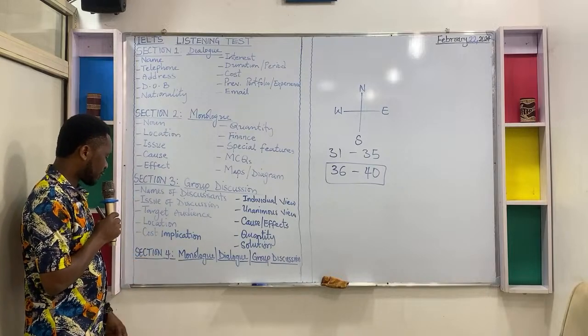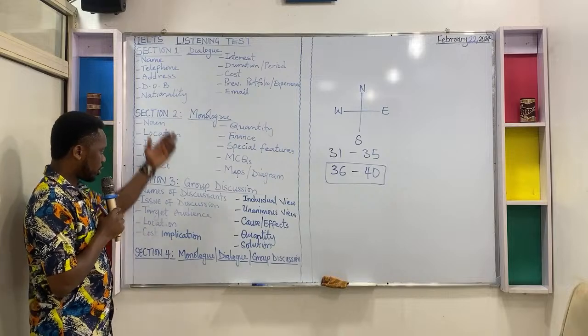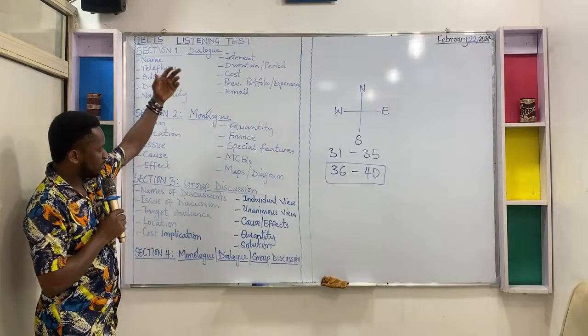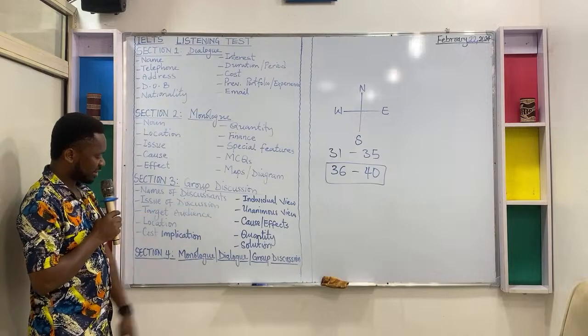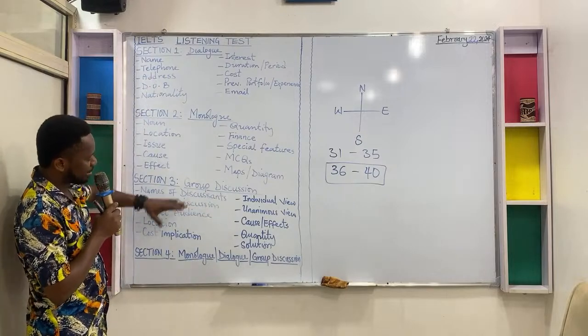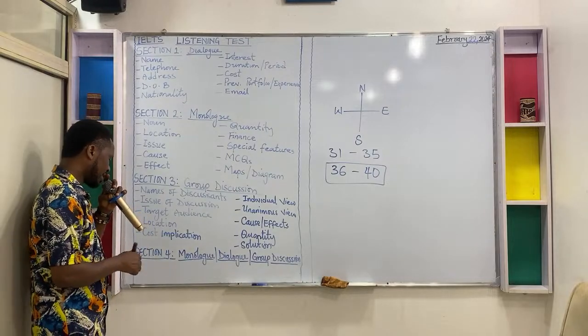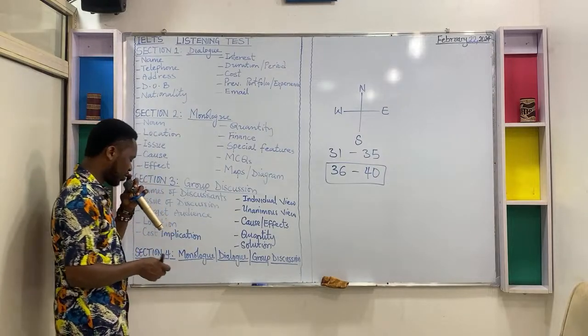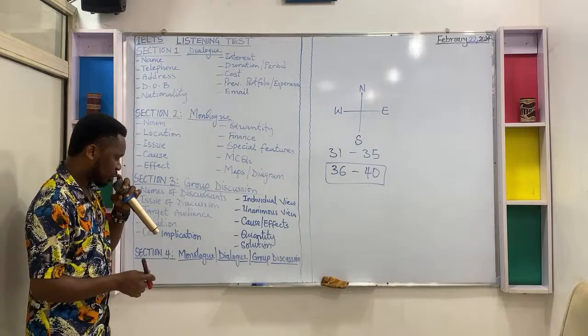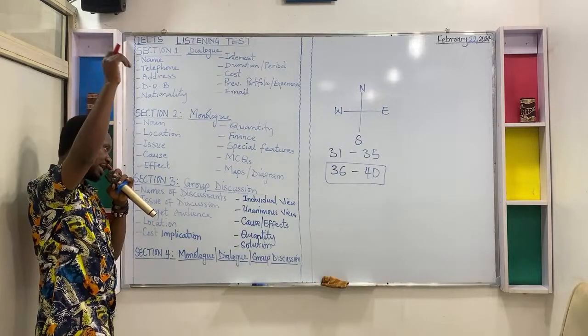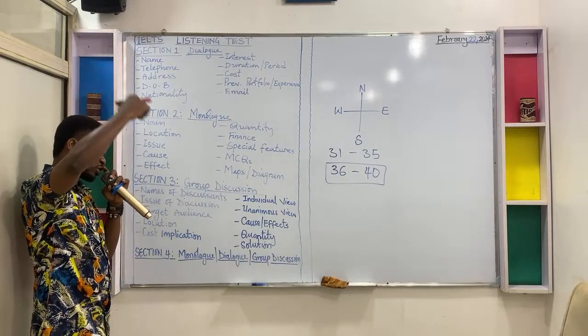Then I said for section 4, it could be a monologue, it could be a dialogue, it can as well be a group discussion, whichever it is. You have to apply this same approach to solving section 4. Please, I said that section 4 is usually quite lengthy and very fast. The audio usually takes you through 31 to 40.